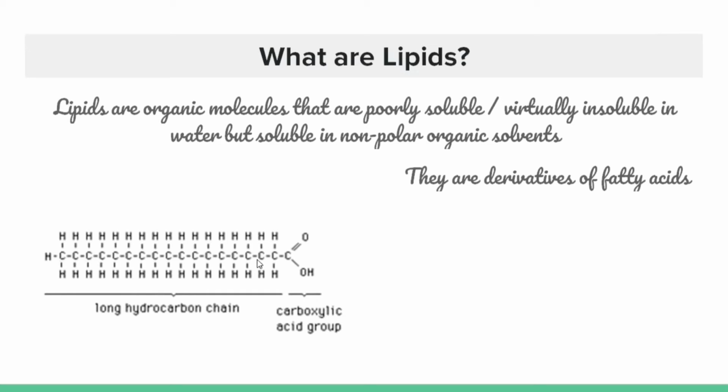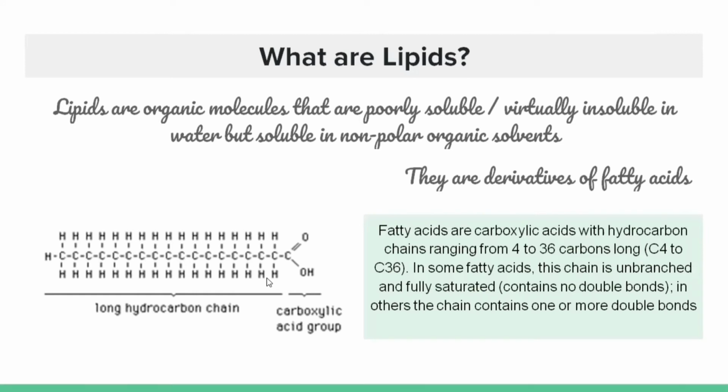And in another case, these would be known as unsaturated hydrocarbon chains. Also, these chains can be unbranched as shown here, or they can be branched. These two factors, branching and bonding, determine physical properties of the lipids.